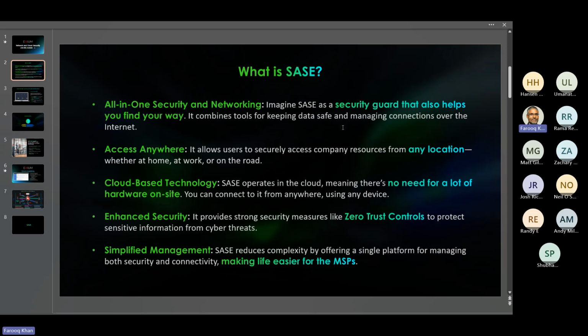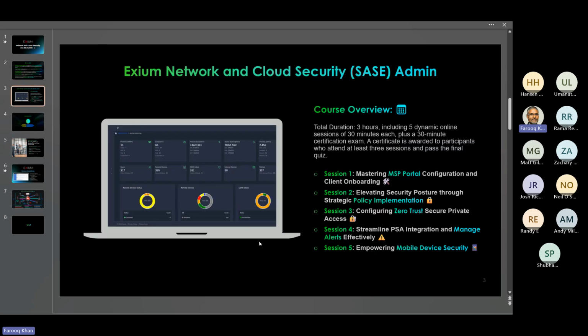We are going to learn more about SASE, but in these training sessions, we will be hands-on. So let's see what is in our training. This is the first course that we are offering in this fourth quarter, but there will be more courses. We expect about 3 hours per quarter investment from the participants.